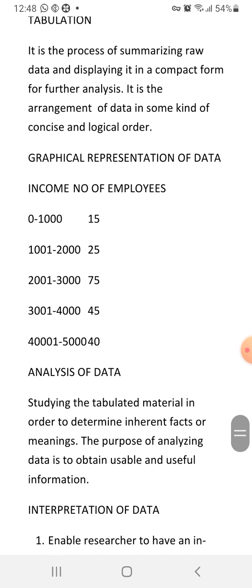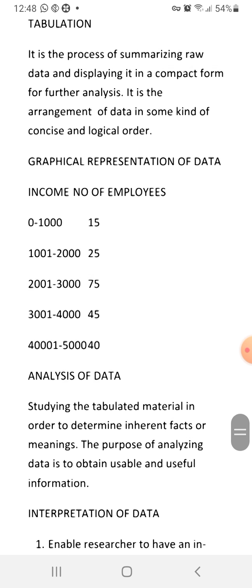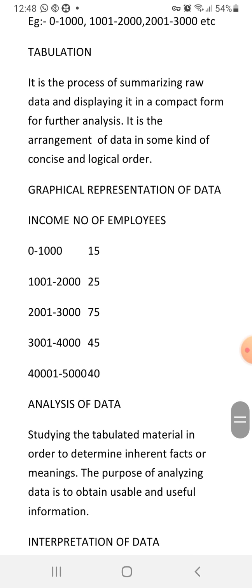For example, serial number 1, then in the next column, name of the respondent, his or her age, her occupation. That means we have to put the information either in the Excel sheet or on paper. Tabulate the data, make some arrangement. That is known as tabulation, or summarizing the data.